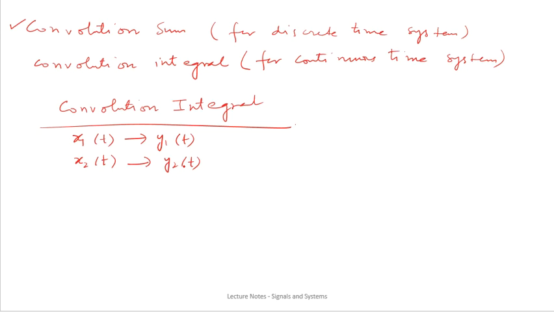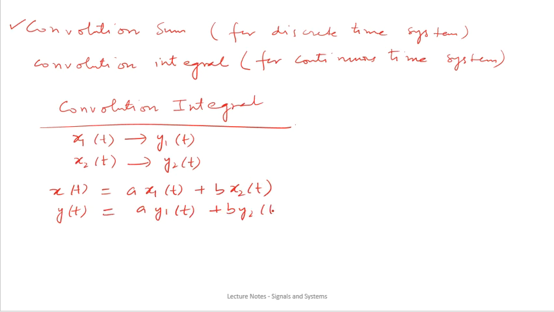The system is linear if the response to the input x(t) equals a x1(t) plus b x2(t) is equal to a y1(t) plus b y2(t). This is what we discussed in the linearity property in the first unit.